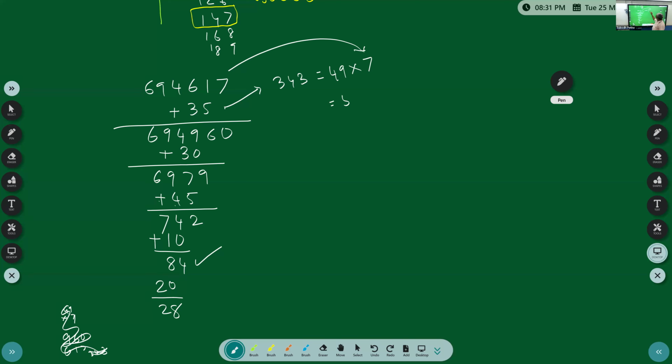I am adding 50 minus 1 into 7. 50 into 7 is easy to calculate, which is 350. 7 multiplied by 5 is 350. And subtract 7. So you add 350 and subtract 7. Means you are adding 343.